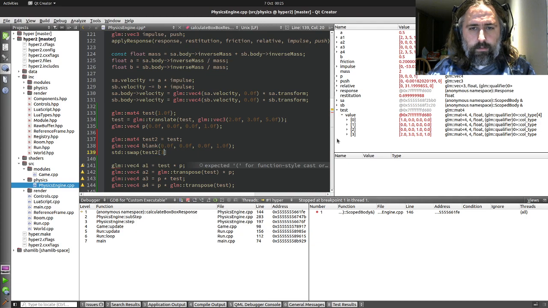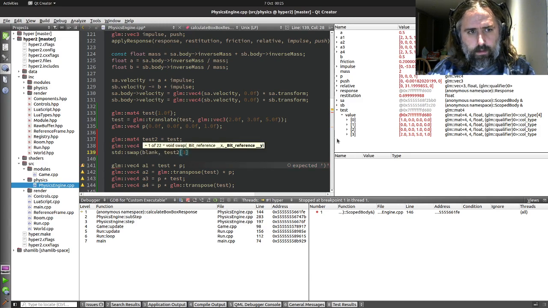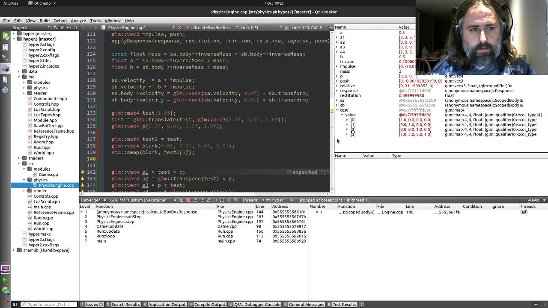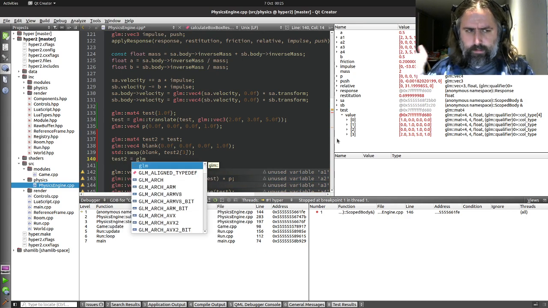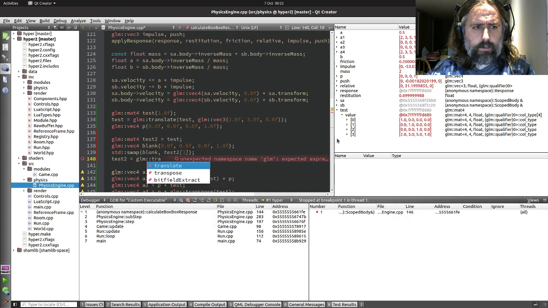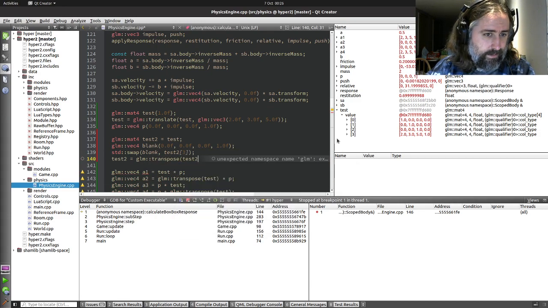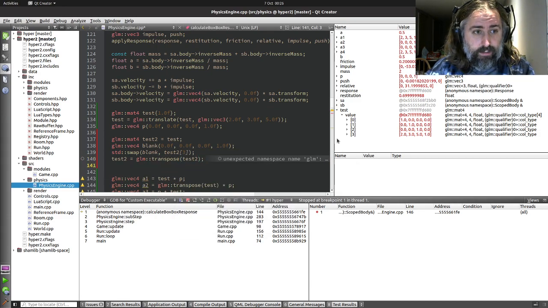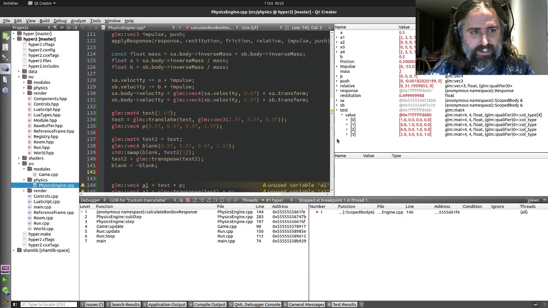So first you get rid of the translation, so it returns to an orthonormal matrix. And then test2 becomes a transpose of test2. And then you want to reverse the thing and then swap it back in.